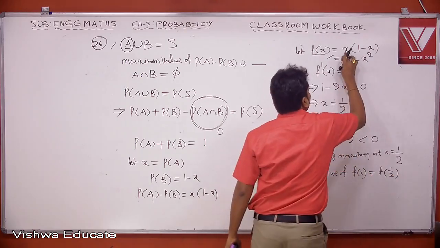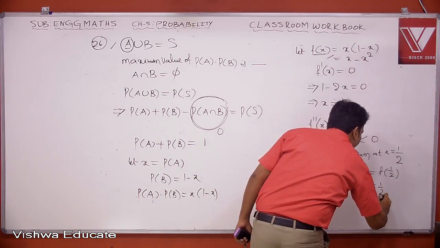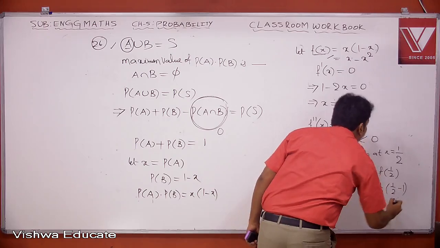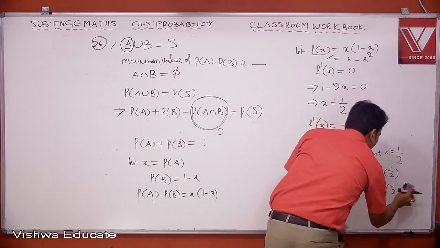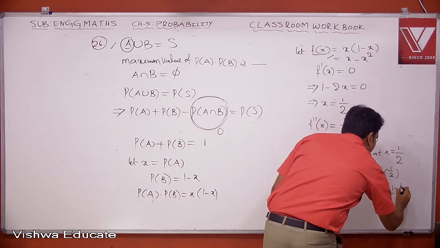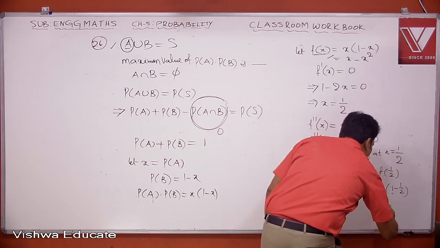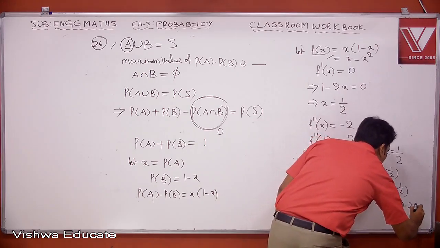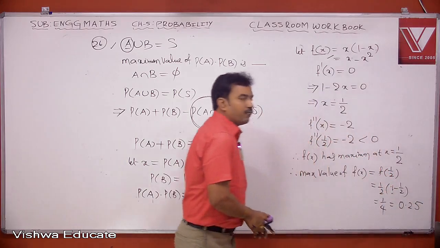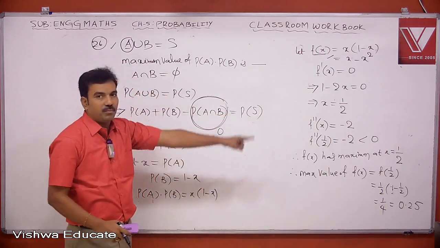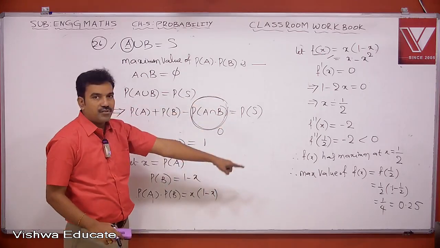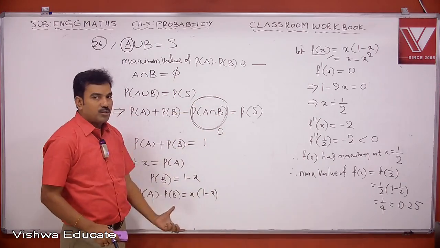So replace x by 1 by 2. You will get 1 by 2 into 1 minus 1 by 2. So this is 1 by 4, therefore this is 0.25. Therefore we have applied the concept of maxima and minima for functions of a single variable. Okay, note all these points.